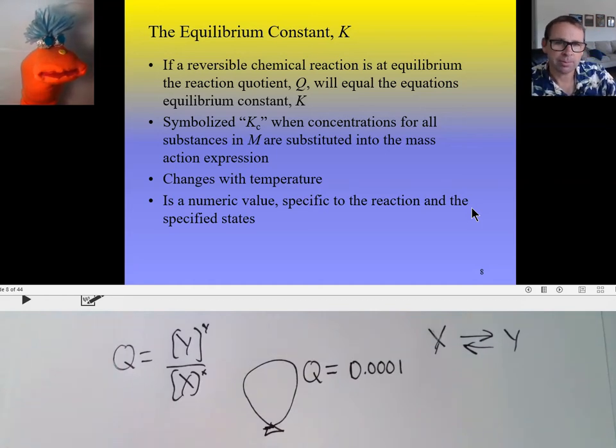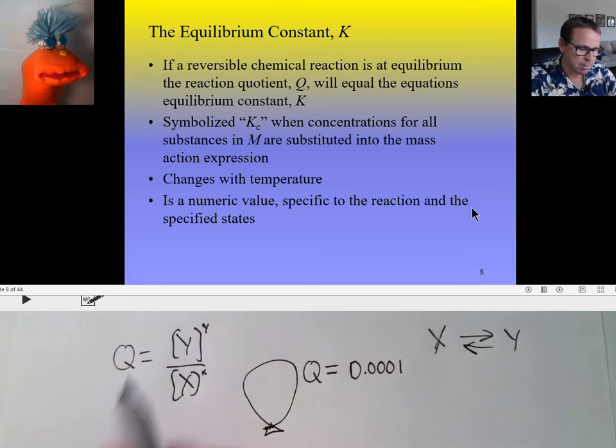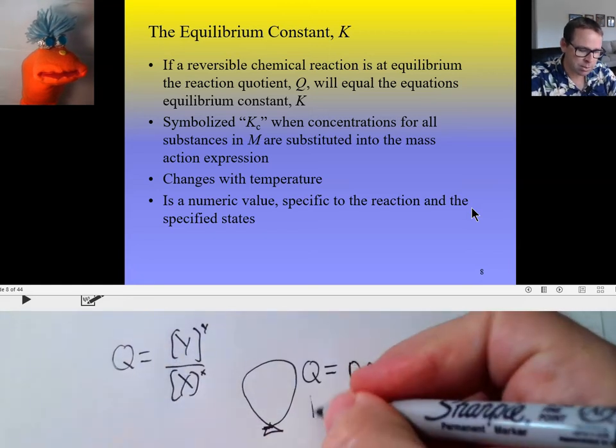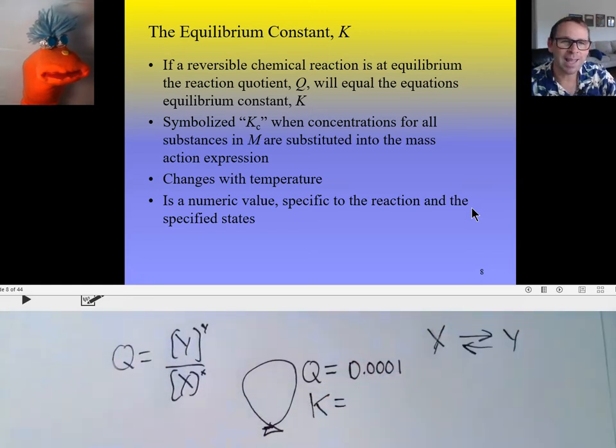That's the Q value. Now I'm going to introduce to you another value, which is the same thing, but it's the K, big K, called the equilibrium constant. It's what we expect from previous experiments, what we expect the equilibrium to ultimately be once dynamic equilibrium is obtained.